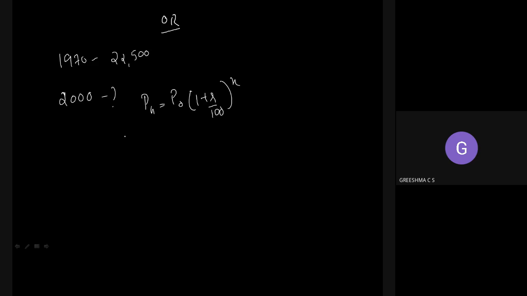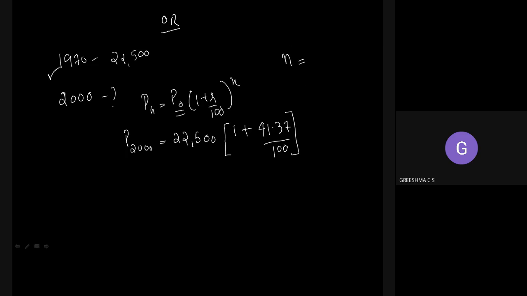Here Pn, the population for the year 2000, is equal to the last known population, in 1970, that is 22,500, into 1 plus R, the same percentage increase in the population, that is 41.37 divided by 100, all raised to n. N is the number of decades.